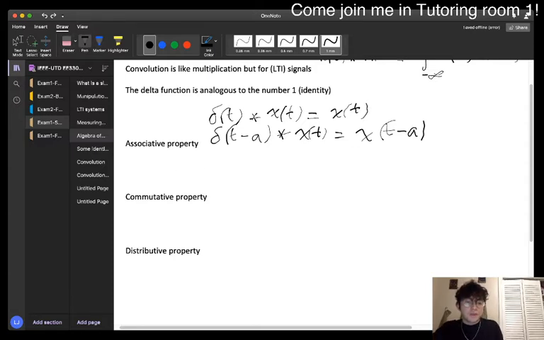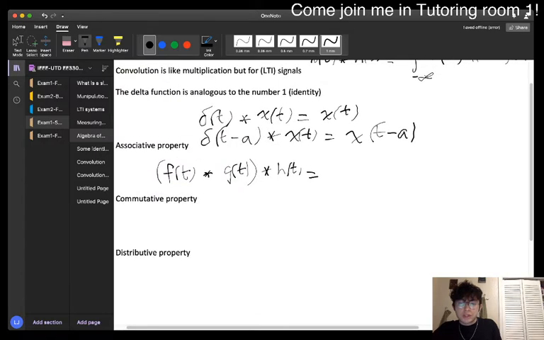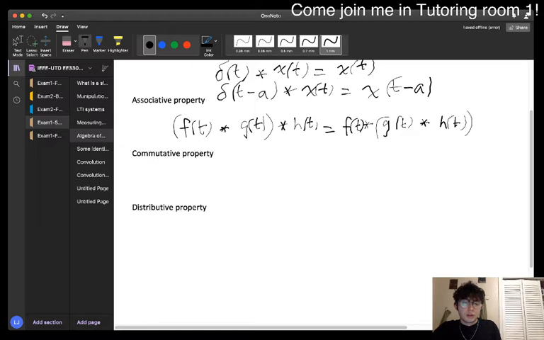If we have f of t and we convolve it with g of t, and then convolve it with h, this is the same as if we took g of t, convolved it with h first, and then convolved it again with the f signal. So you can switch around the order of convolution, it doesn't matter. It's also something called commutative, so we can switch it like this also.